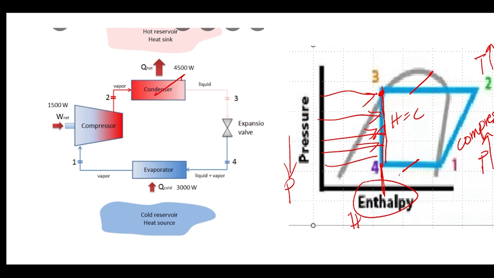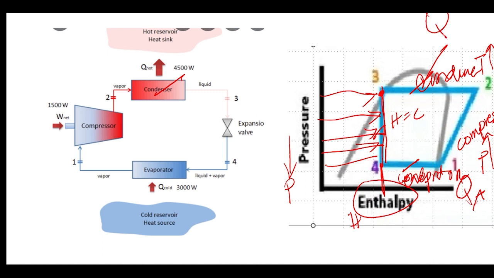What about the condenser? The evaporator is absorbing heat from the surroundings, from the people, from the water, from the vegetables, everything that it needs to absorb, so that it can have a cooling effect. So the cooling effect is happening in the evaporator, absorbing heat, while the condenser is discharging heat.